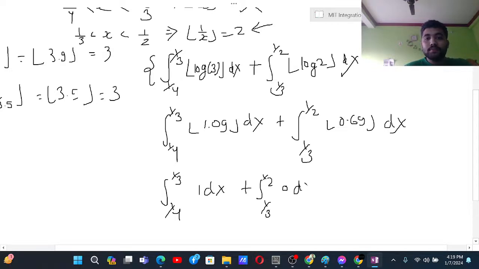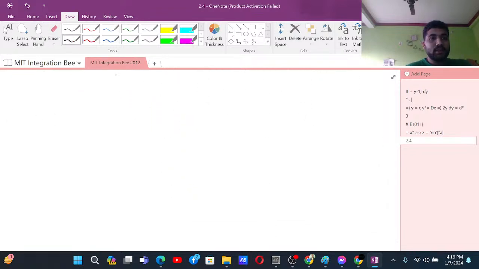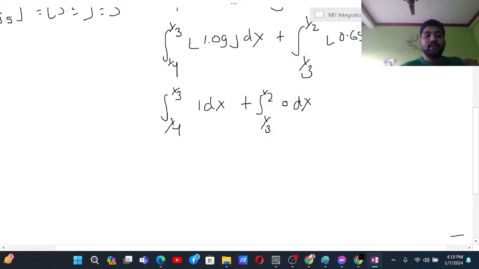Let me again increase the screen size. Now the integral of 1 is just x from 1 by 4 to 1 by 3, plus the integral of 0, which is just a constant, from 1 by 3 to 1 by 2.